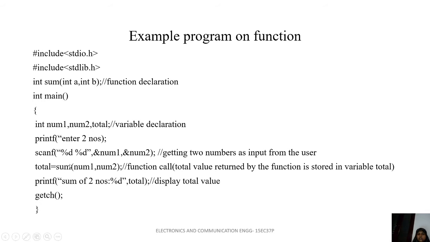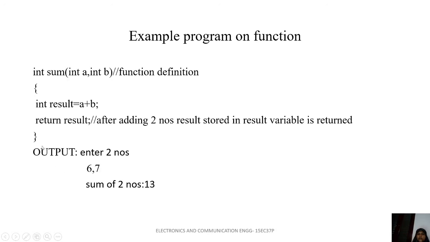In this function call, we pass two arguments, num1 and num2. The values of num1 and num2 are stored here. And the part of the program where the function sum is written is called the function definition: int sum, int a comma int b.